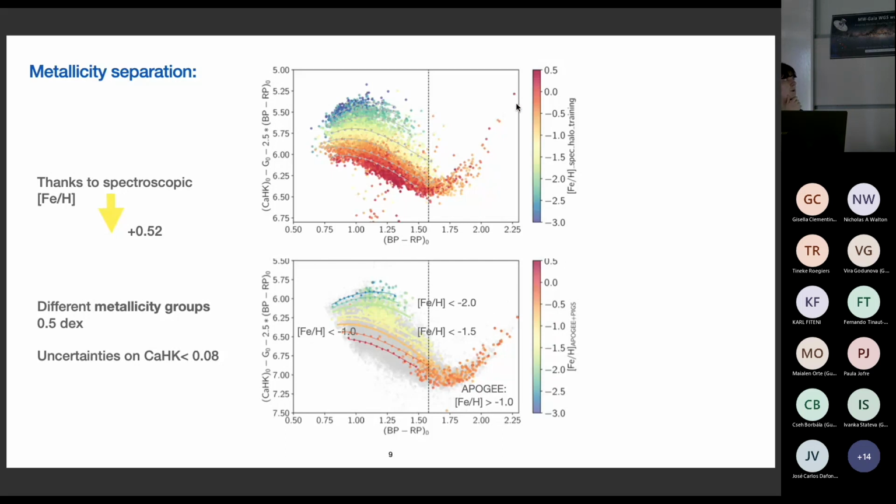Our hypothesis is that this is due to a dependence on the alpha abundances, so a degeneracy between metallicity and alpha abundances. But if we look at our Sagittarius sample, we can see that, thanks to metallicities from APOGEE, we are quite sure that these redder or cooler stars can be classified as having metallicity above -1.